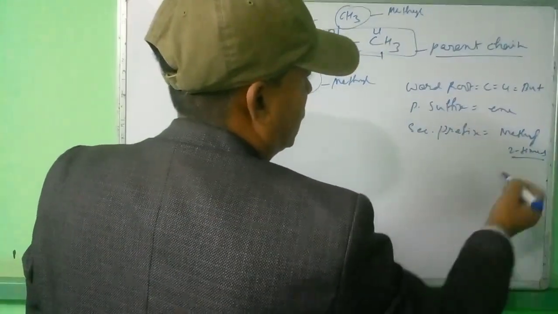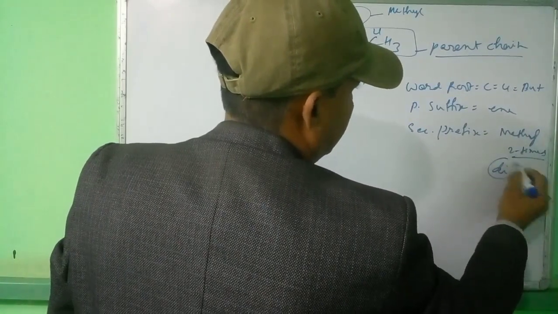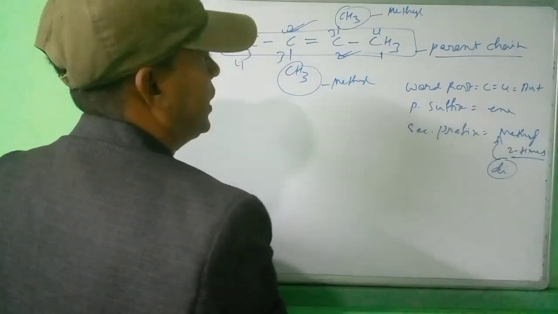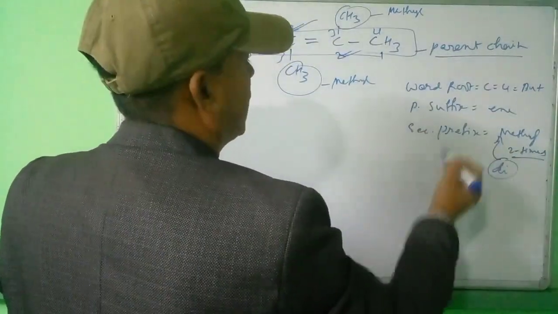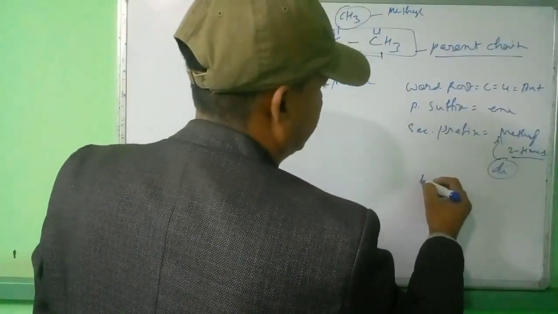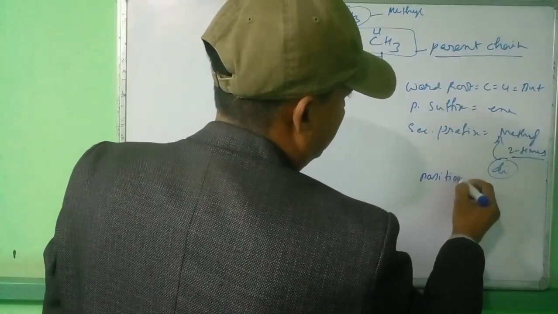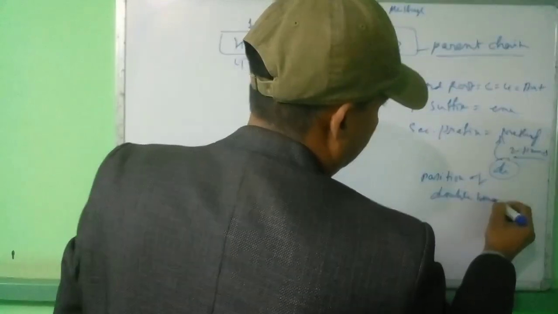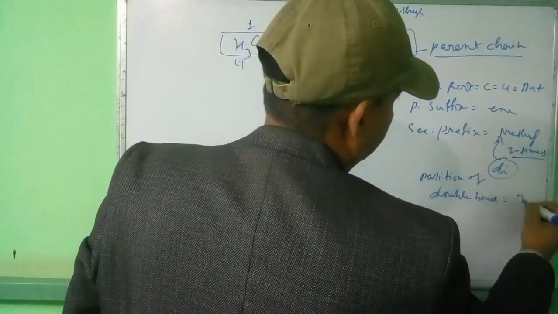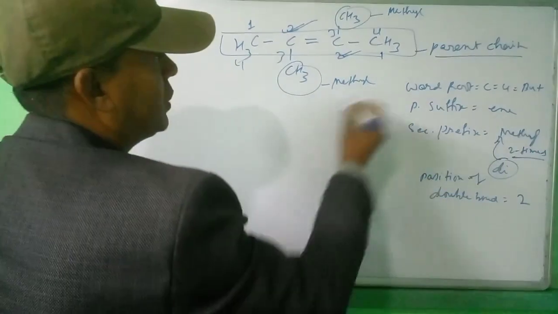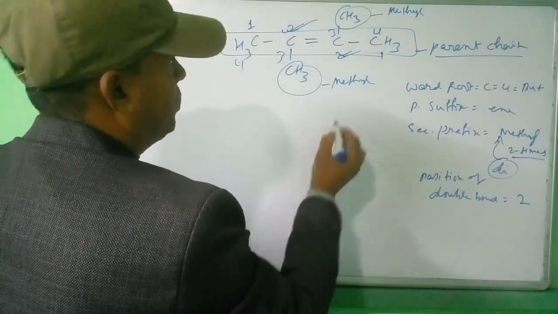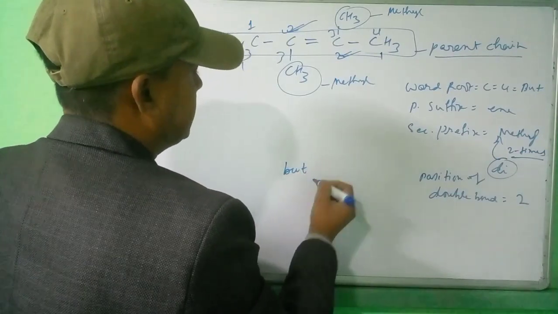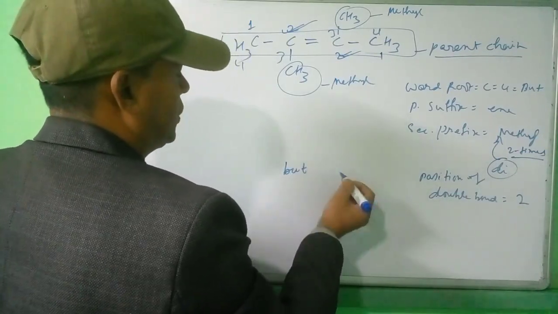The di term can be written before the methyl: dimethyl. And the position of the double bond is second. Now write the word root first: but is the word root.